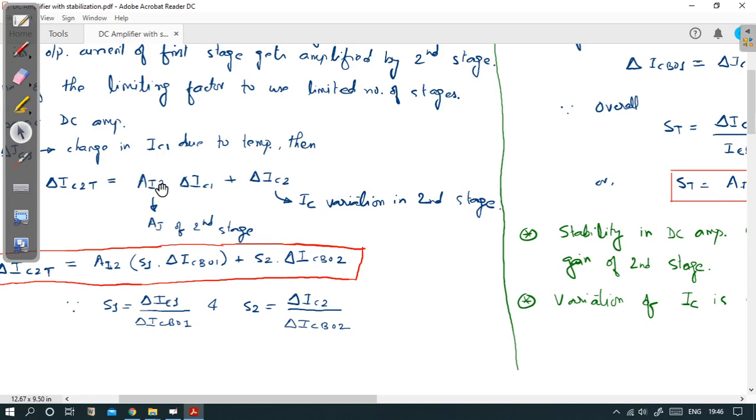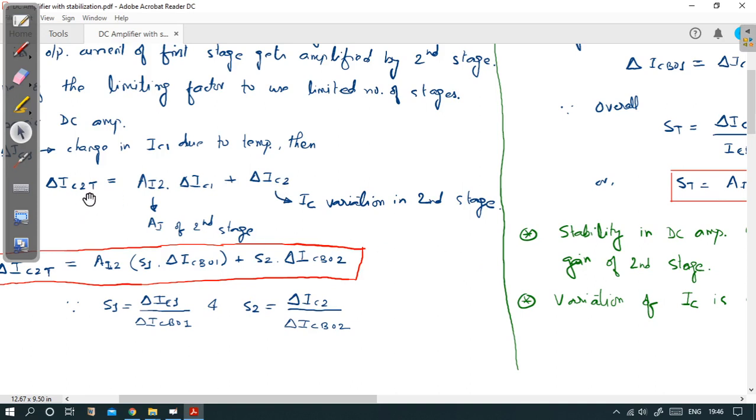So the final variation in IC would be the cumulative of all the previous stages' IC plus the last stage IC. It means that all stages will be contributing to the final value of IC.